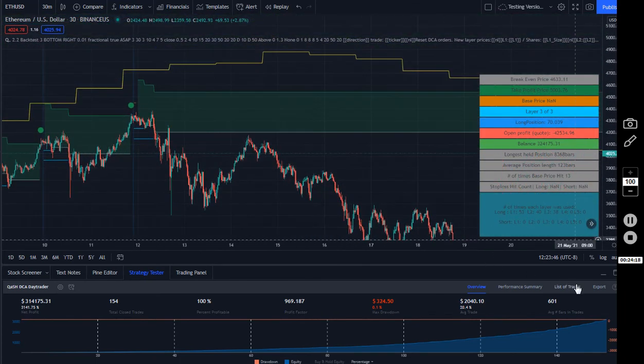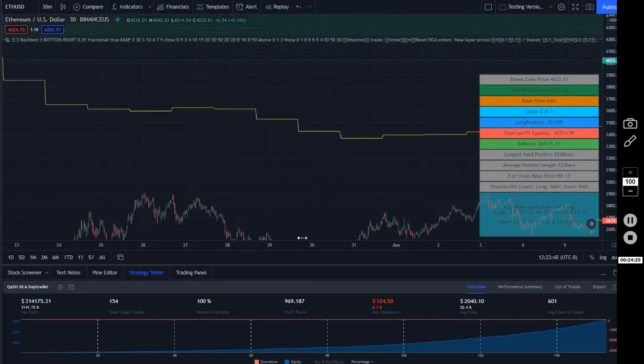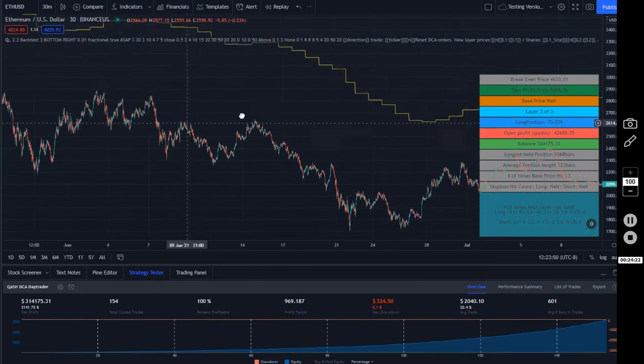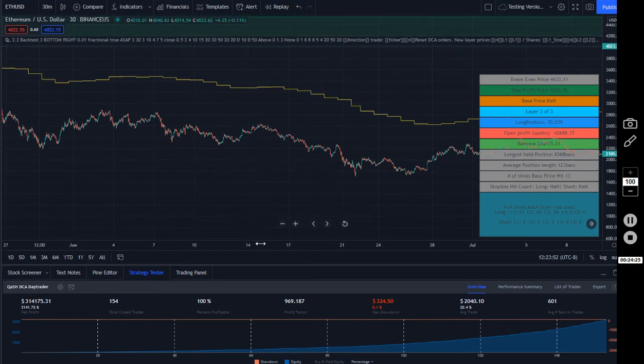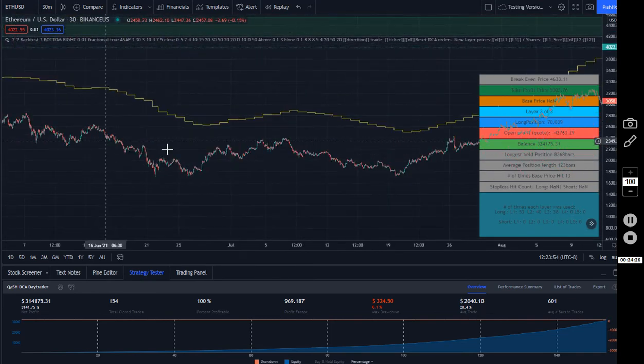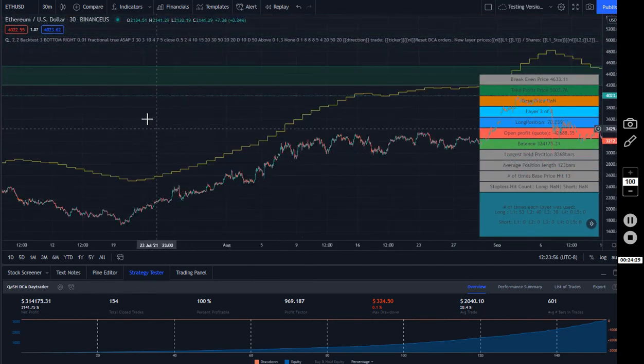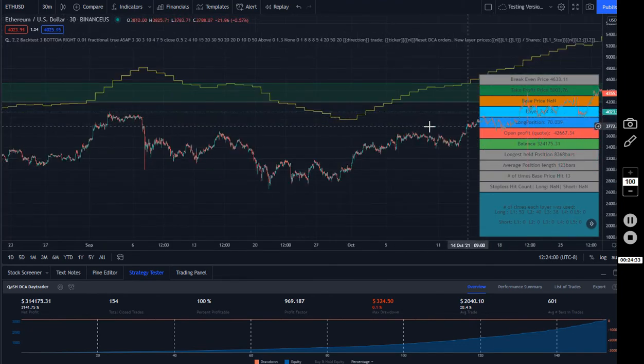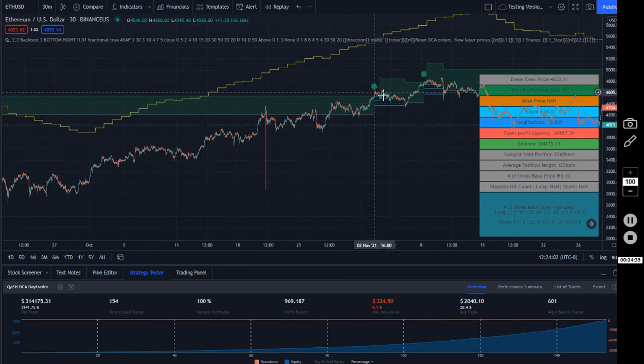It just goes down, down, down, down, and it hangs out down here for seemingly forever. And meanwhile, you've already filled all of your orders, and your take profit price is all the way up here near the all-time high, and you gotta wait a couple months before price finally comes back, right?